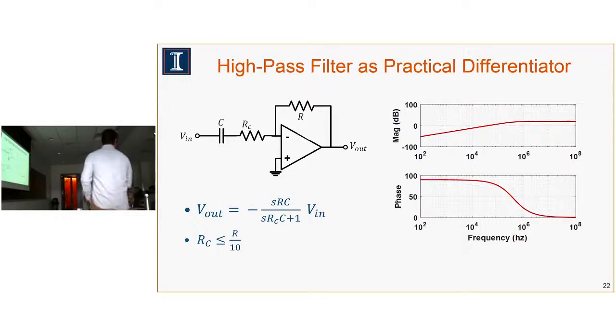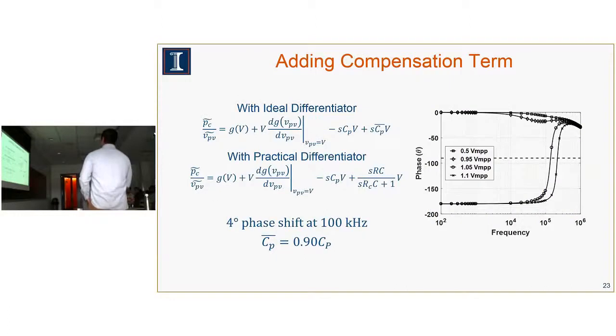Yeah. But would it affect the stability of your controller or anything because of the phase shift? Yep. If we add in the compensation term, we go from here to here, and it does affect. Now the high frequency behavior isn't actually tracking -90 anymore.